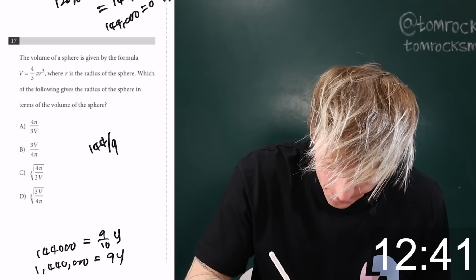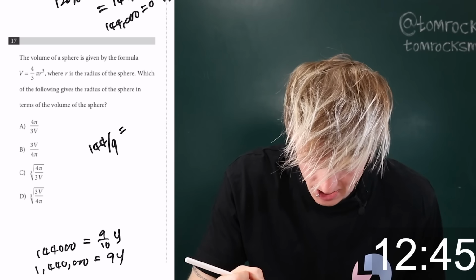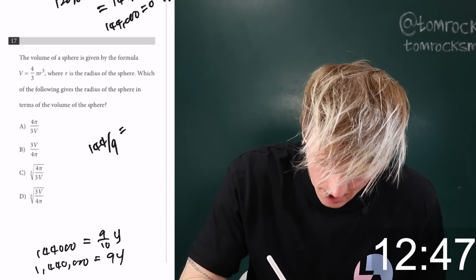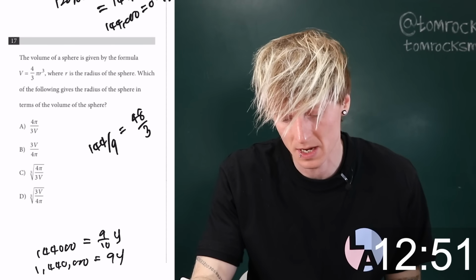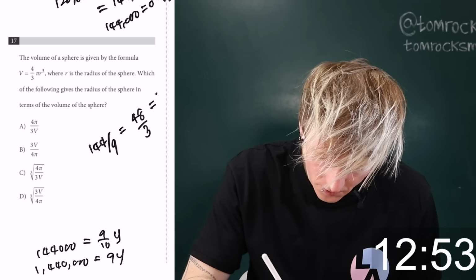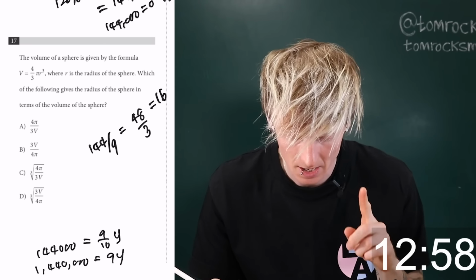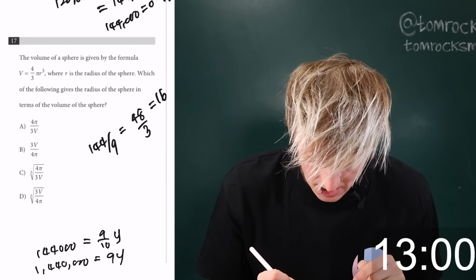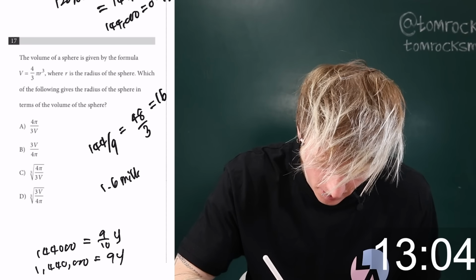Let's do it in 3s. 48 times 3, so that's 48 over 3, which is 16. So 144 over 9 is 16. So I think it's 1.6 million.